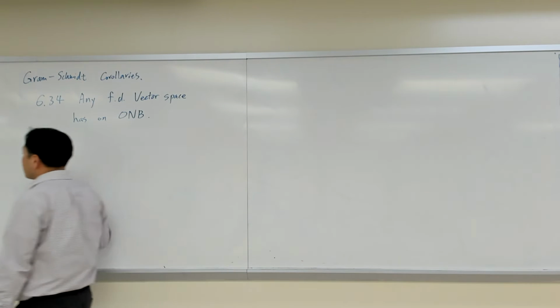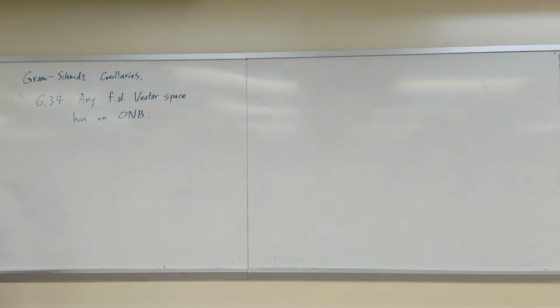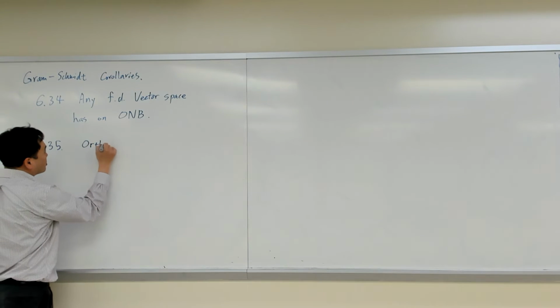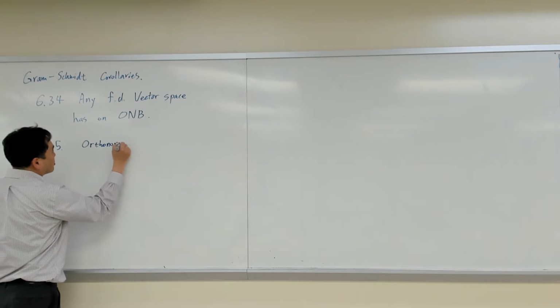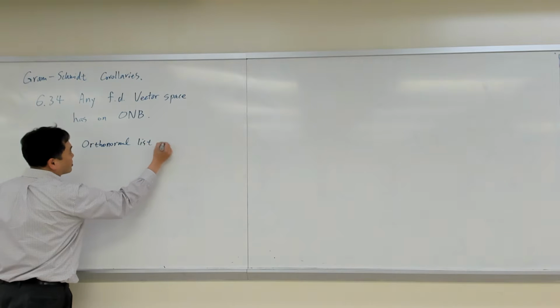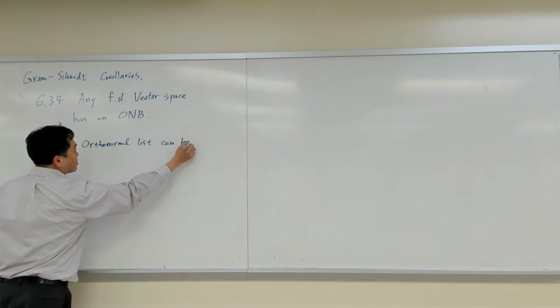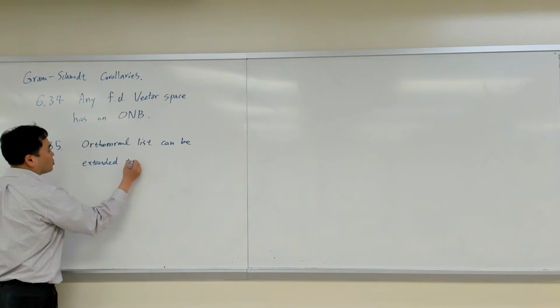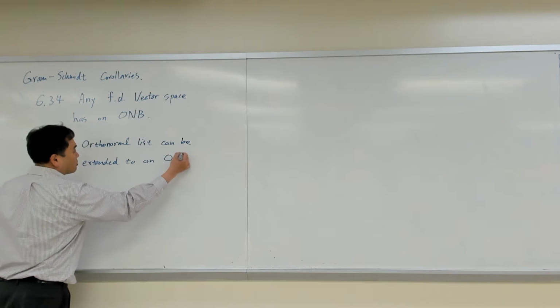That's one. And then there is 6.35, which says an orthonormal list can be extended to an ONB.